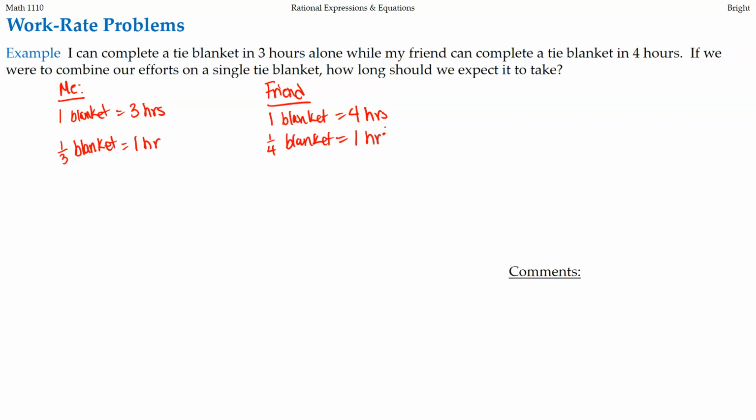Okay, so now we're curious how long we would expect it to take if we were to combine efforts. So T is equal to the amount of time to complete a blanket together.